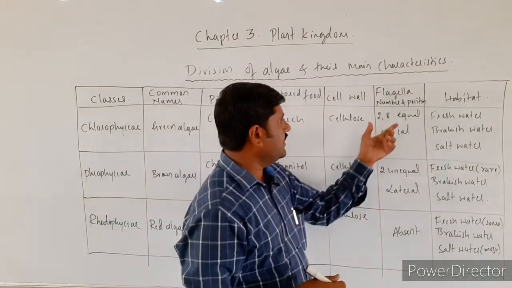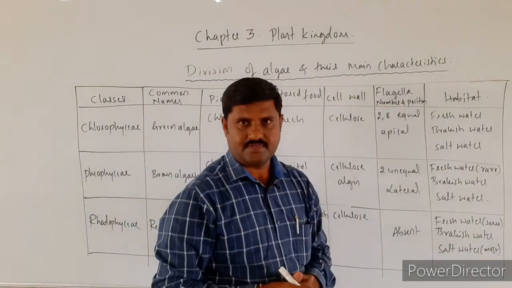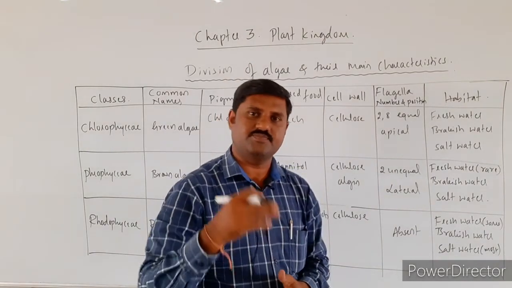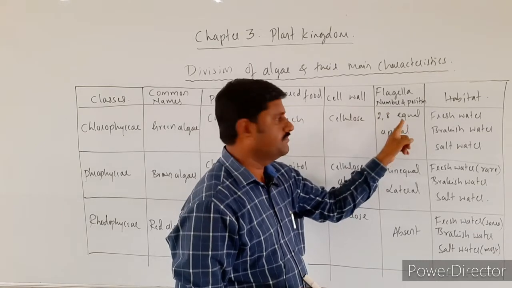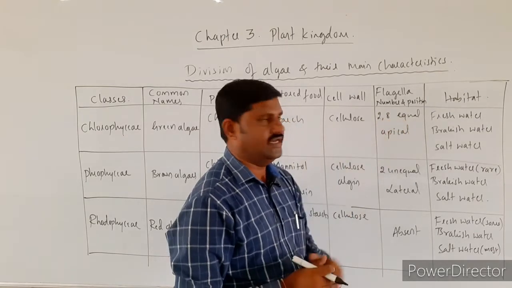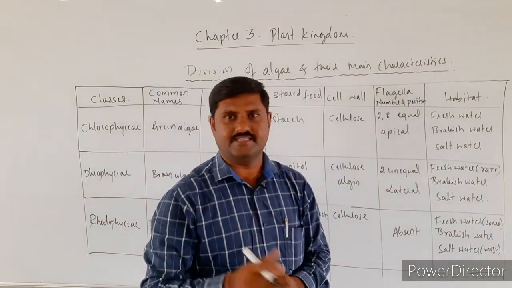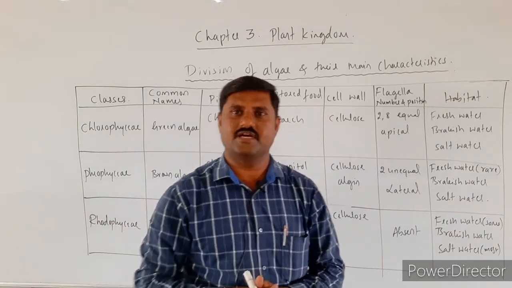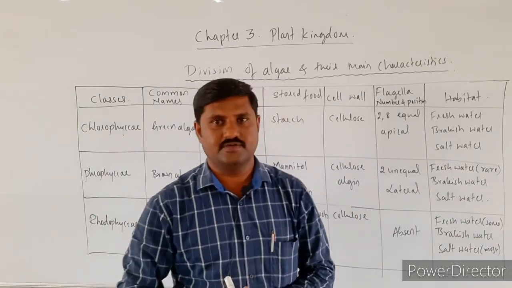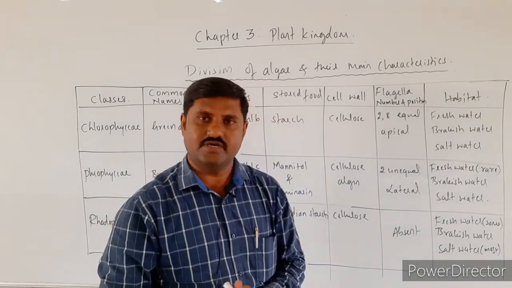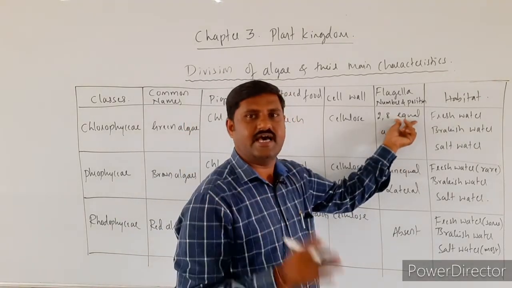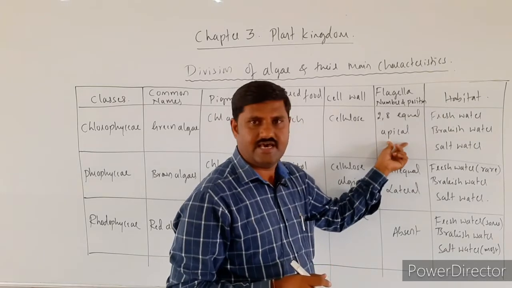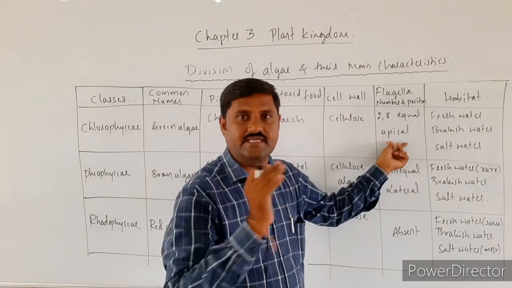Right? And next one, flagellation, the number of flagella as well as their position. In chlorophyceae, 2 to 8 flagella are present. Already I have mentioned in theory 2 to 4, but they may extend up to 8 in number, and they are equal in size and positioned apically.